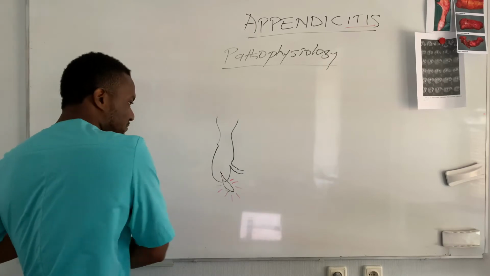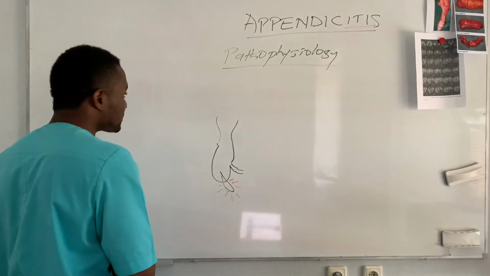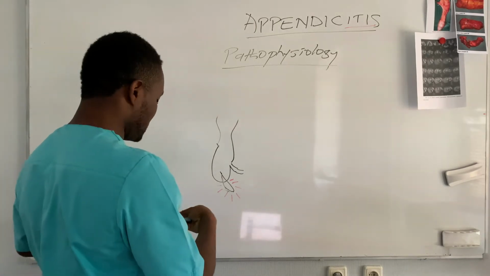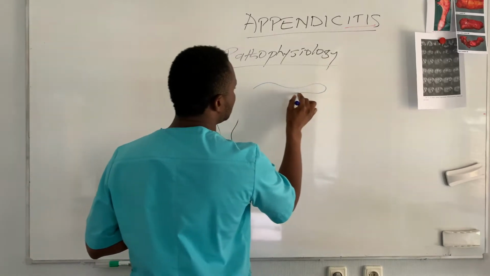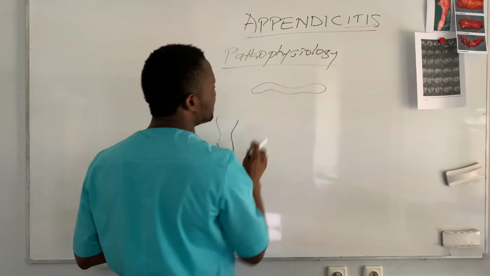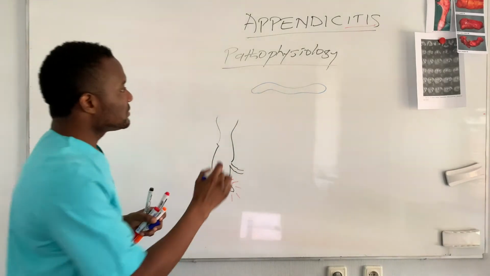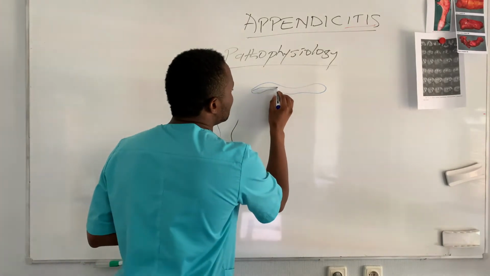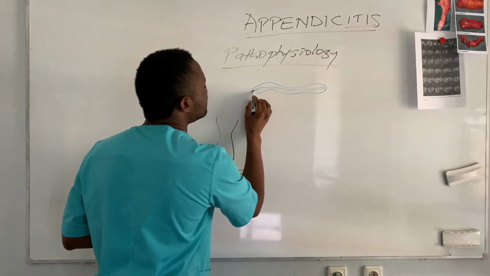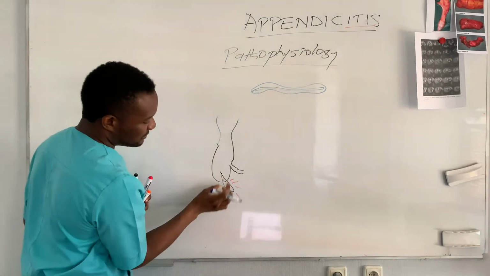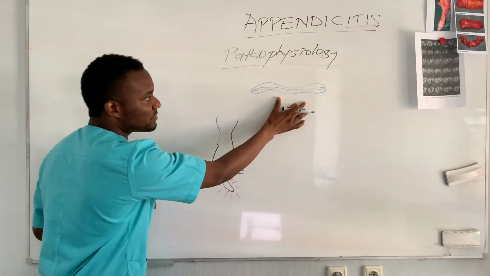Again, you have the appendix. I'll use a view marker. Let's just imagine this is an image of the appendix. So this appendix is like a bigger image of it.